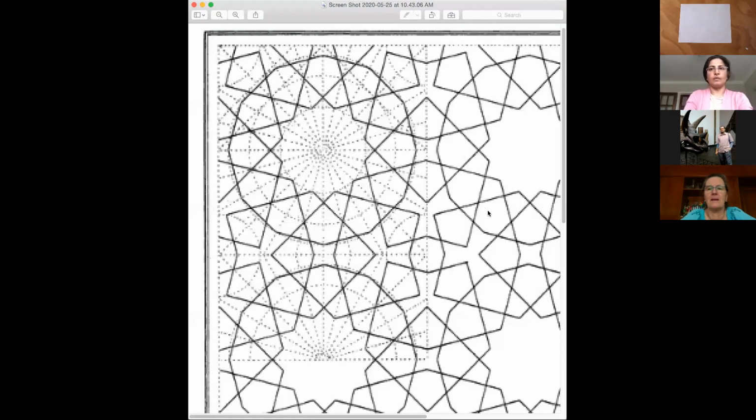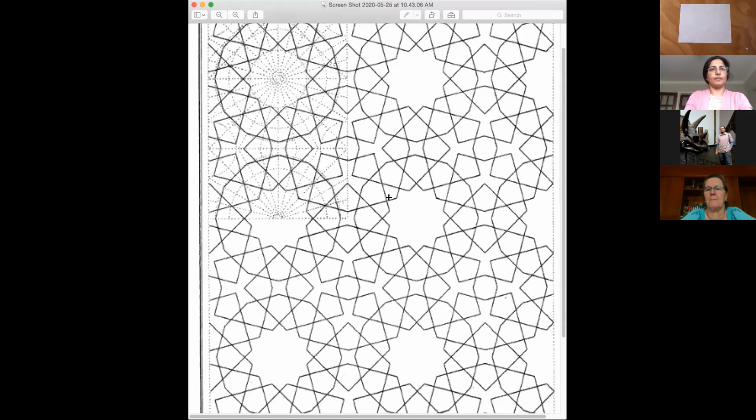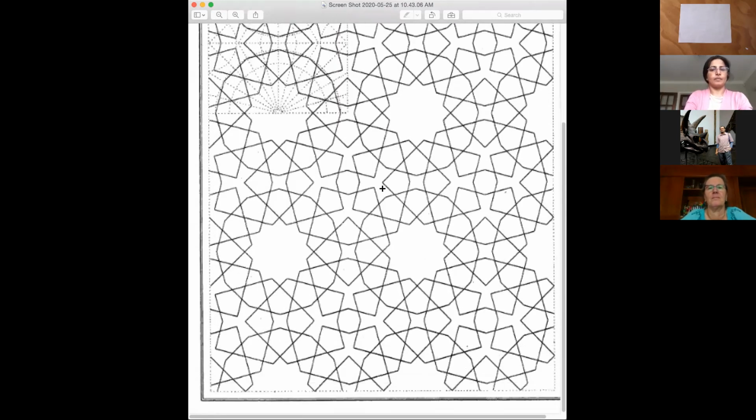Okay, so I sent the file of the pattern we're going to be working on. So the idea of this pattern is to use the clues and references it has. So I'm going to open it on the share screen here. I have it already zoomed in, but I'm going to zoom out a little bit so you can see how this tessellates.